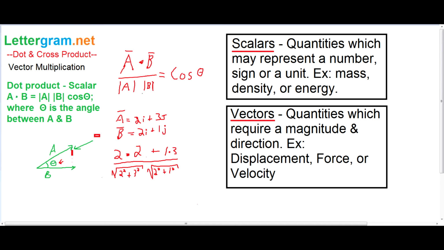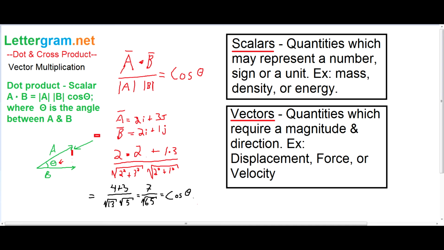That will give us 4 plus 3 divided by the square root of 13 and the square root of 5, which will give us 7 divided by the square root of 65, and that will equal the cosine theta.